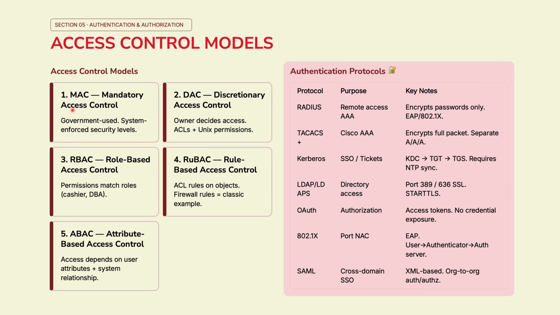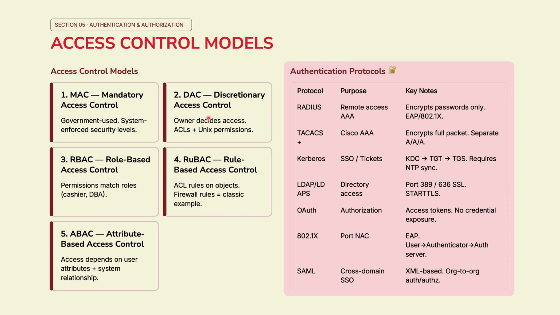By the way, mandatory access control is used primarily in government environments where the system enforces security levels like top secret, secret, confidential, and so on. Overriding MAC requires senior management authorization. Basically, it provides the highest level of access restriction, but it is also the least flexible.